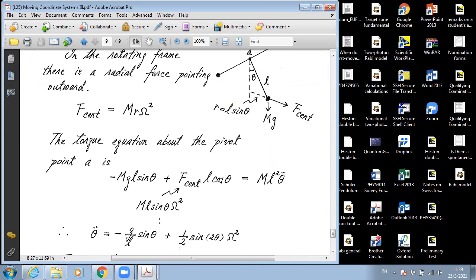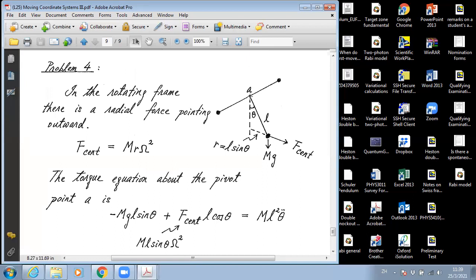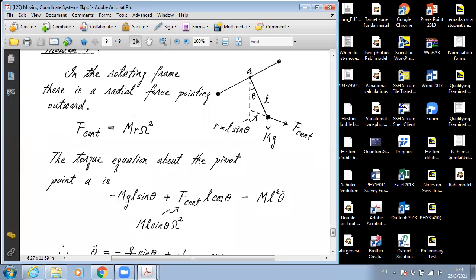The torque equation about the pivot point A is given by this equation: minus mgl sine theta plus the centrifugal force times L cosine theta. This is the net torque. On the right-hand side is the angular acceleration, ml squared theta double dot.